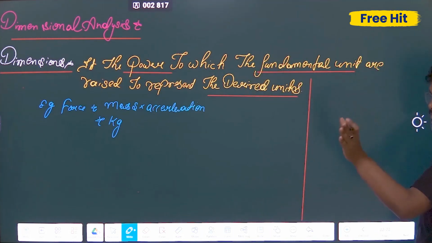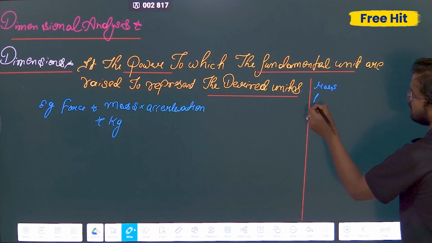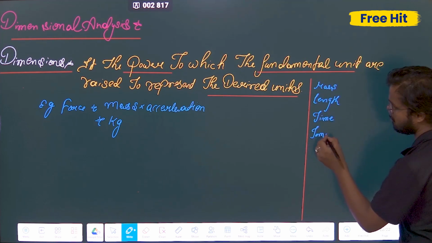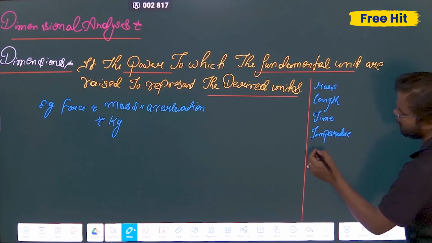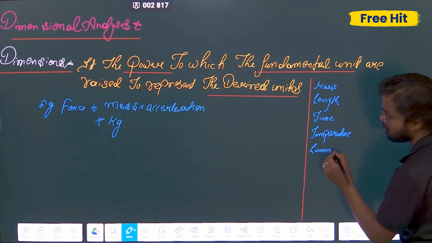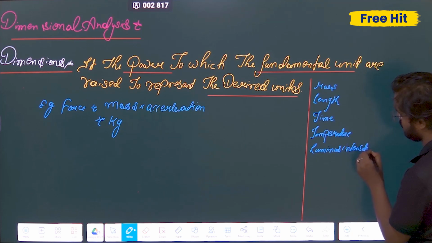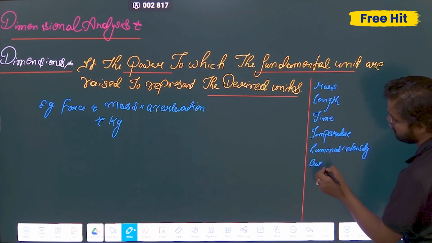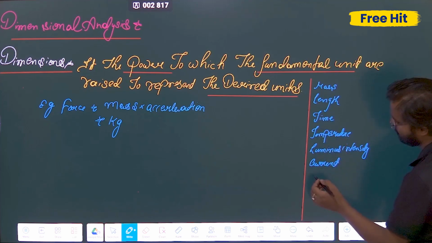Suppose we have 7 fundamental quantities. First is mass, second is length, then time, then temperature, then luminous intensity, then current, and then mole.